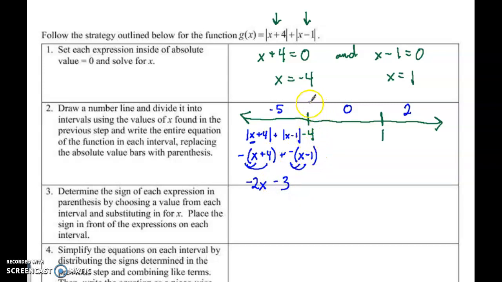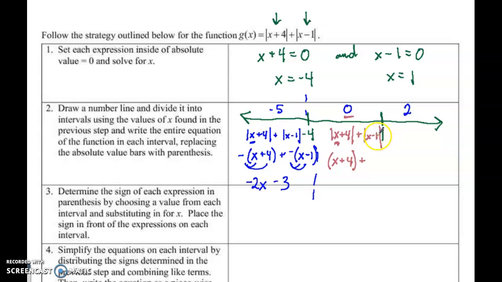All right. I'm trying to color code, by the way, and help you visually see everything. All right, so I'm going to switch colors. So what about x equals 0 in for this? x plus 4 and x minus 1. So let's plug in 0 right here. Well, 0 plus 4 is 4. Does the absolute value change? No. So we're going to leave that as just x plus 4. What about plugging in 0 for this x?